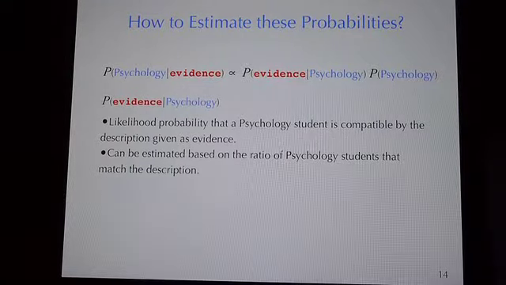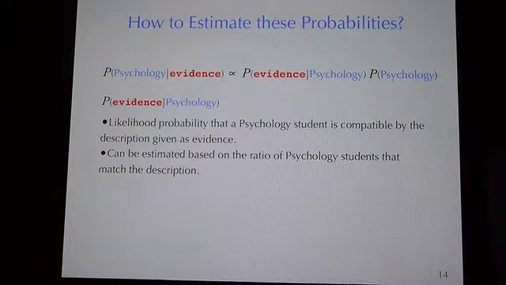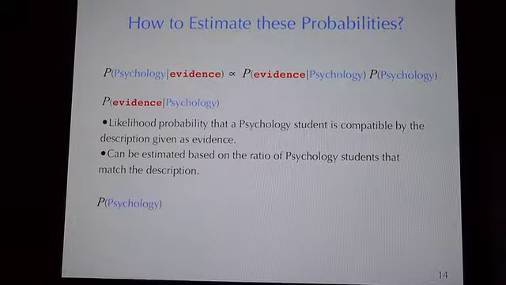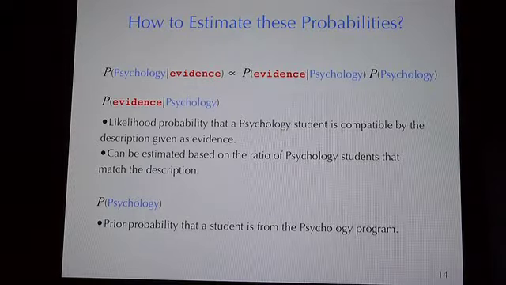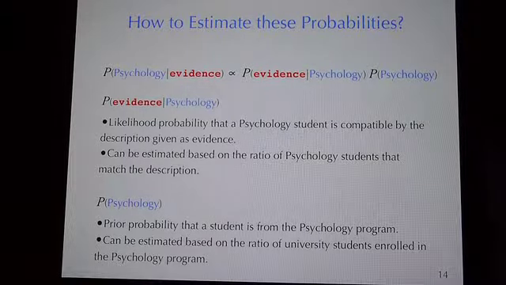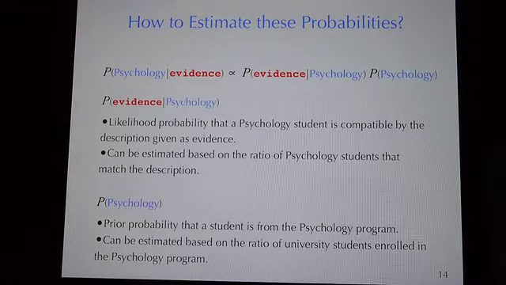And if a small proportion match this description, then we have a low likelihood probability. Similarly, for the prior probability of Anna being from a psychology department, what we need to do is to look at the ratio of university students who are enrolled in the psychology program. So the combination of these two factors basically allows us to estimate the posterior or the conditional probability that we need in order to perform our reasoning.